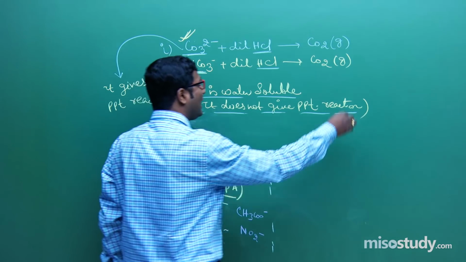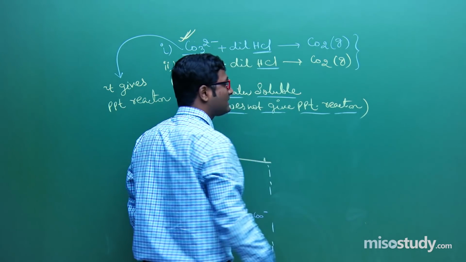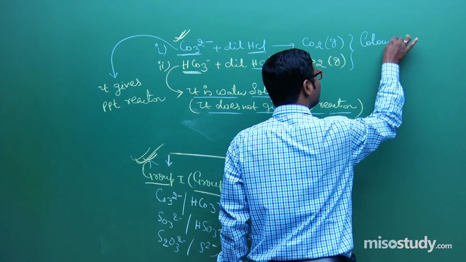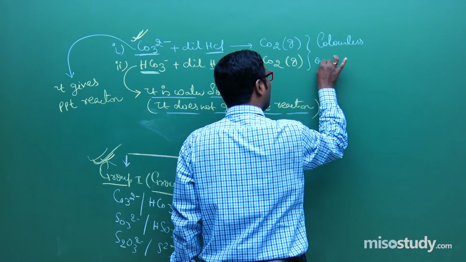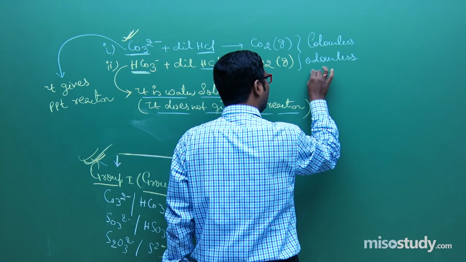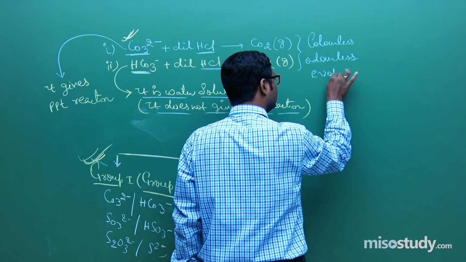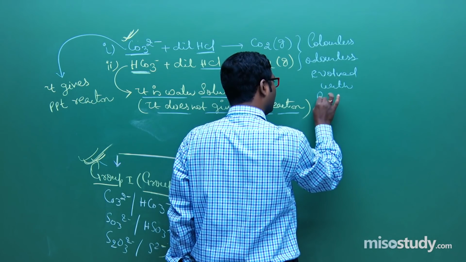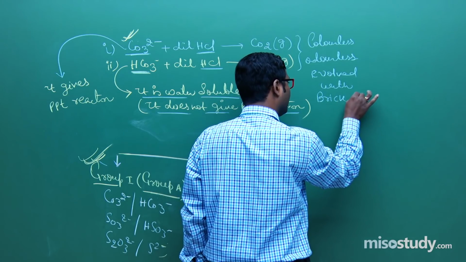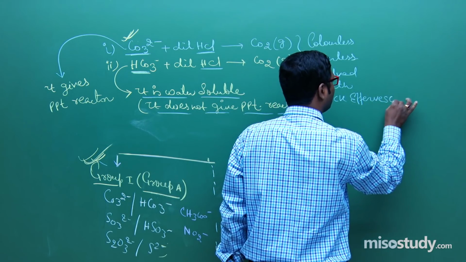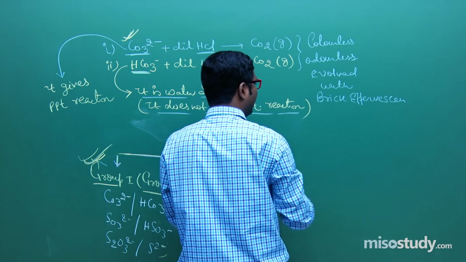Now one more thing, how to identify carbon dioxide? We know this is a colorless gas, an odorless gas, and it evolves with brisk effervescence.